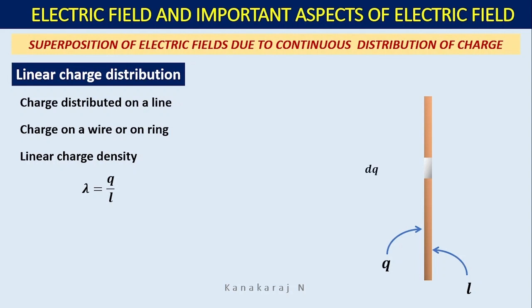Let us take a small element. The charge in the small element, dq equals lambda dl. Let us consider a point P at a distance r, with unit vector r cap. The electric field at point P, E vector equals 1 by 4 pi epsilon naught integration dq by r square r cap. Let us replace dq by lambda dl.